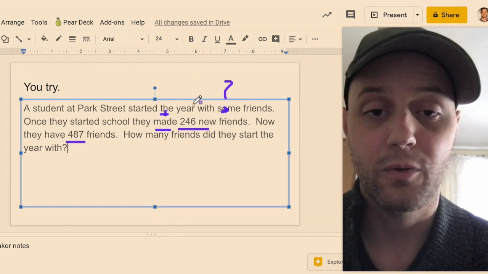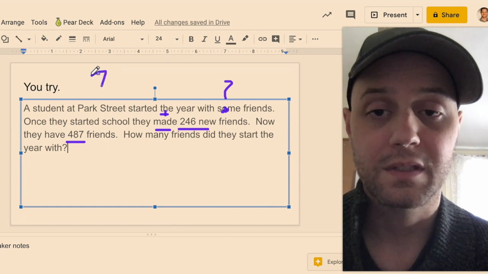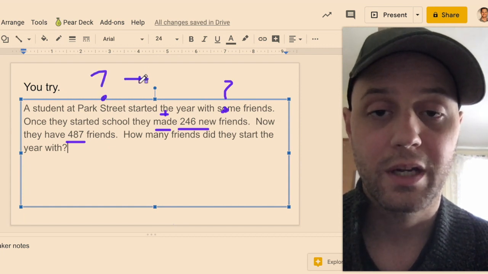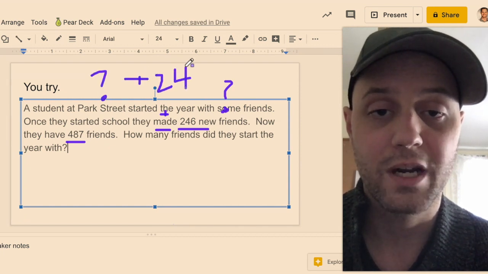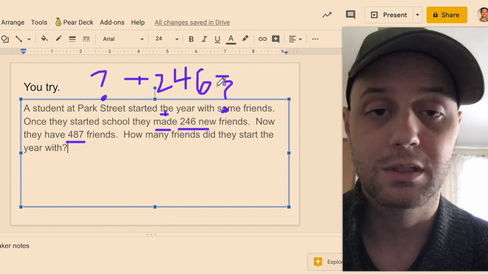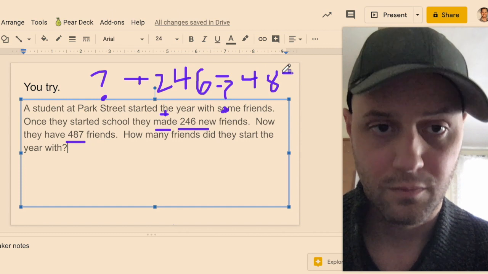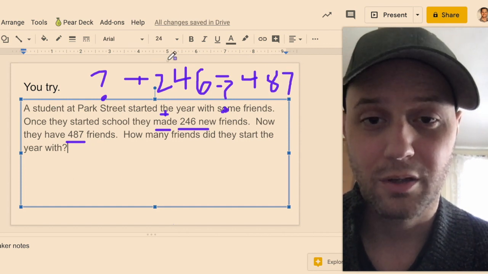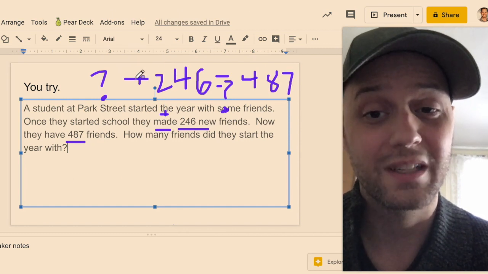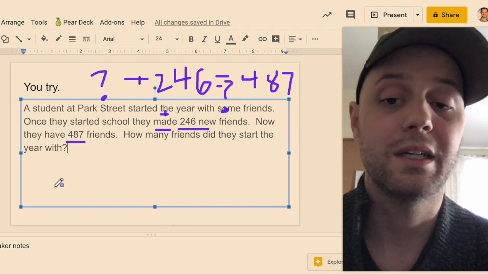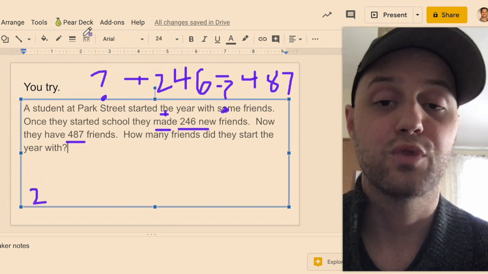Now they have 487. So it's like some friends plus 246 friends equals 487 friends. I'm going to use the commutative property again to say 246 plus what equals 487. The flip-flop rule.